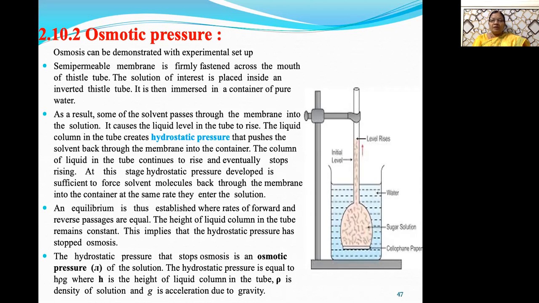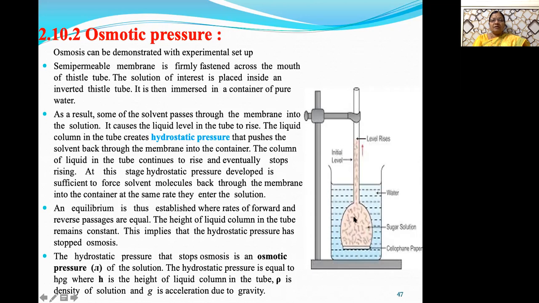As the osmosis continues, the flow of solvent molecules continues into the sugar solution and the liquid level rises. Finally a time comes when the liquid level in this tube stops. At this stage, the hydrostatic pressure developed due to the liquid column in this tube is sufficient to force the solvent molecules back into the water.